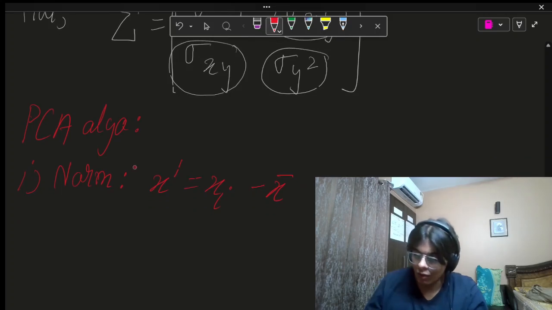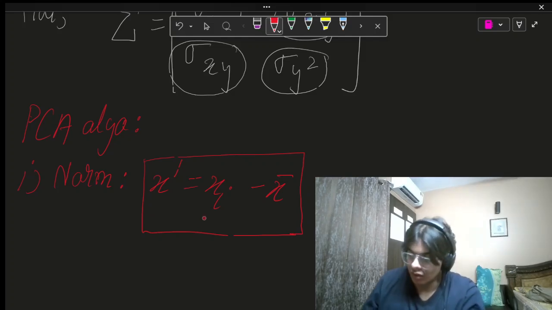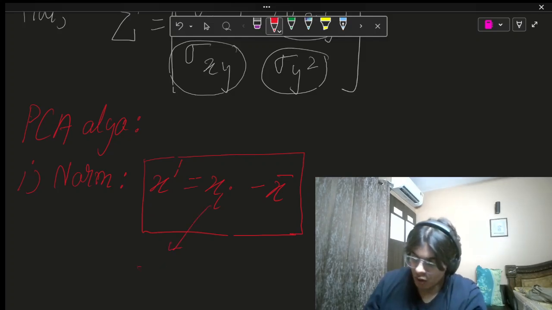That is exactly what we are doing using this formula. For all of the data points, we do this and transform our data. These values are also called the raw values. This x bar is nothing but the mean, and this x prime is the transformed or centralized values.